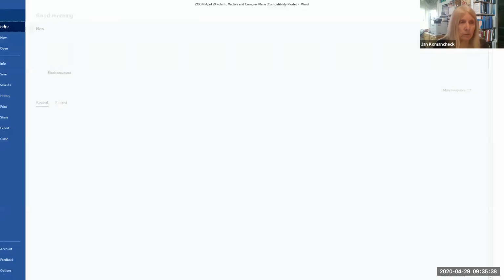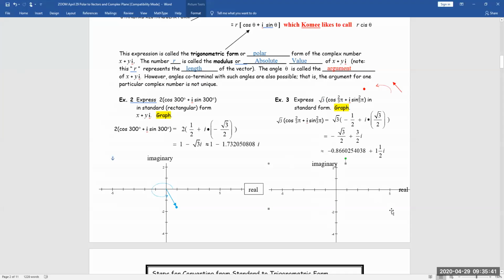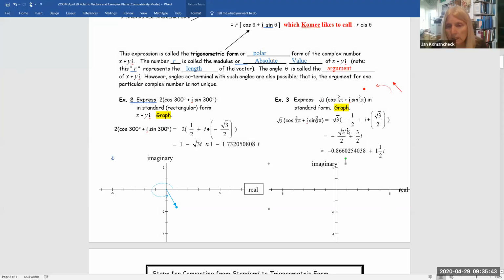Okay, so what I have to do, since this is negative radical 3 over 2, I don't know exactly what it is, but it's very close to -1. What I'm going to do is grab this red point up here and take it down on the real axis to about -1, somewhere there.